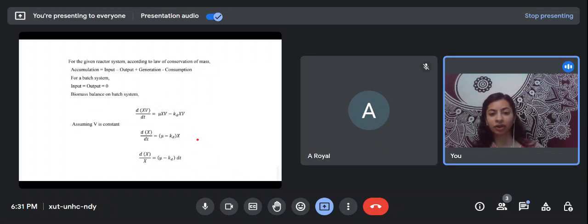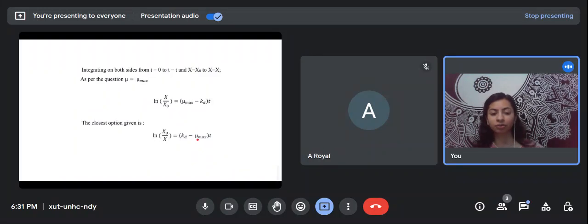Okay. So after this, what you have to do is integrate on both sides from t equals 0 to t equals t, assuming that the reaction has taken from 0 to a time t. And the biomass will be from x equals x naught to the biomass at whatever time t.